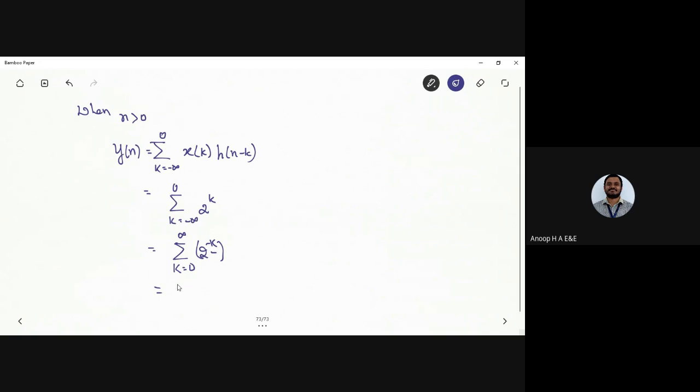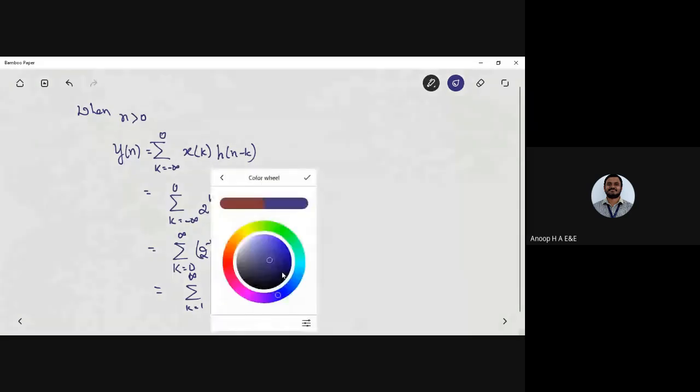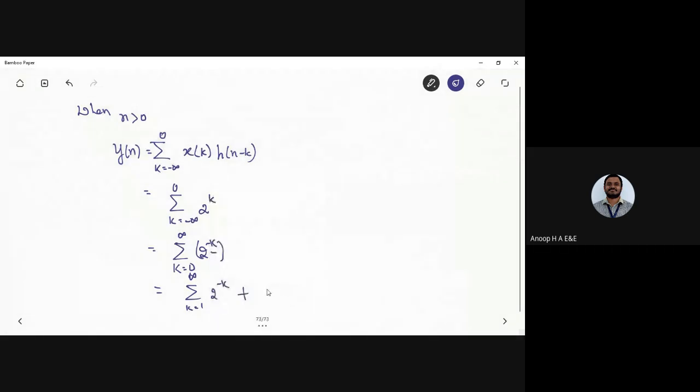Now the value will be from 0 to infinity. Now I'll expand here. So sigma k equals 1 to infinity 2 power minus k plus 2 power 0. 2 power 0 will be equal to 1.